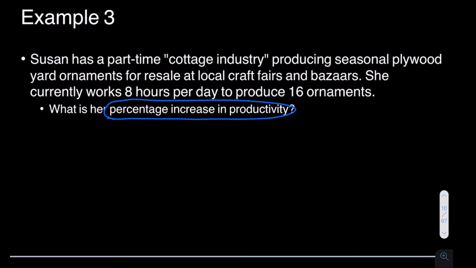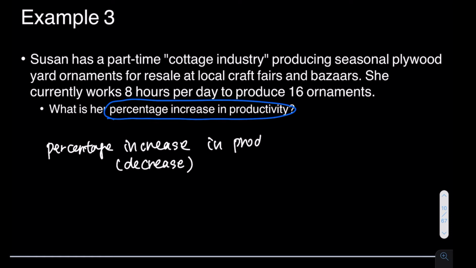In this case, we are talking about productivity. So percentage increase, it could be decrease as well. In this case increase, but let me just note that it could be a decrease in productivity. It means you have to set up the baseline first. What is the baseline? Initial productivity. So let me just simply say it's old productivity.